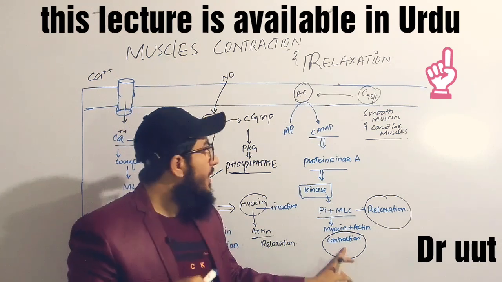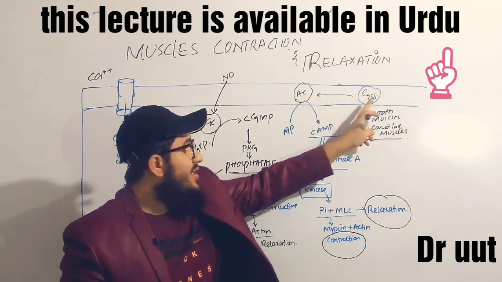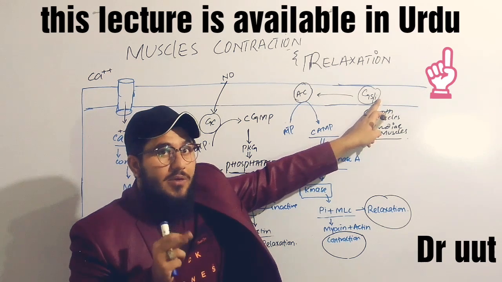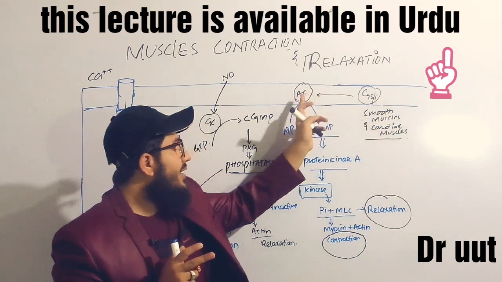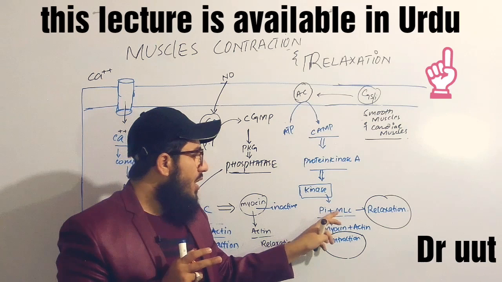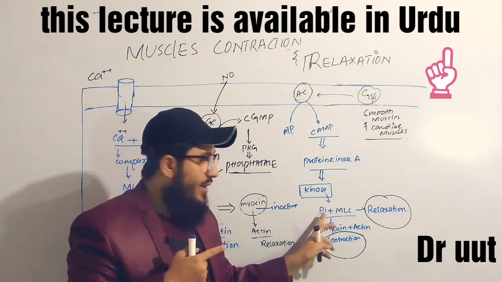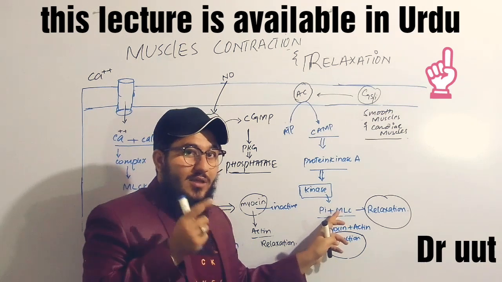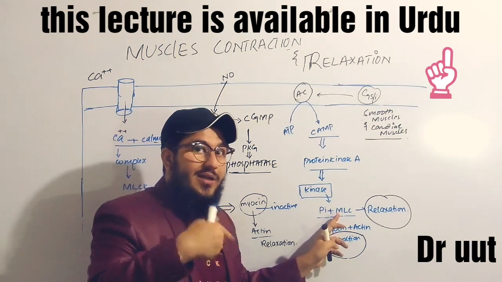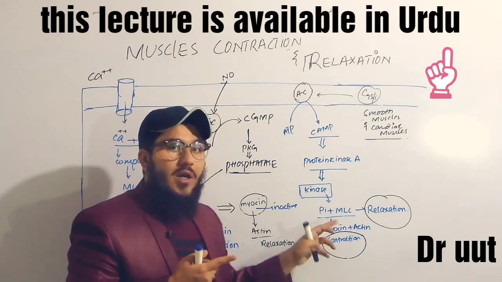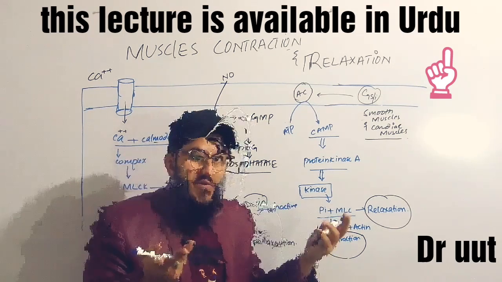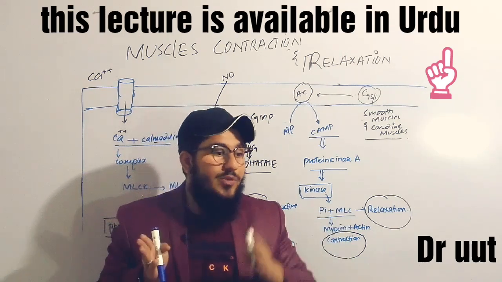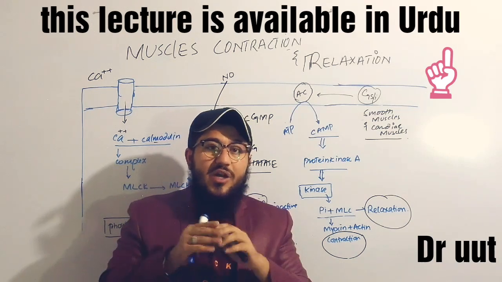And if the adenylyl cyclase is receiving the signal from the Gi coupled receptor, then it will cause the phosphorylation of the myosin light chain. This phosphorylation will convert the myosin light chain to an inactive state, meaning the myosin will become inactive. Now inactive myosin will not interact with the actin, so actin-myosin interaction is lost.